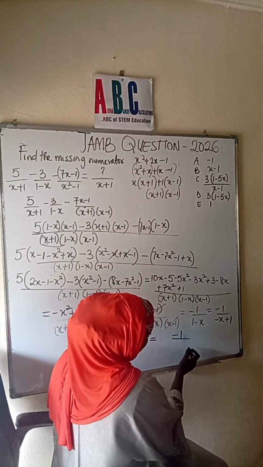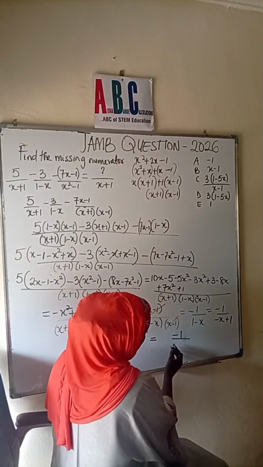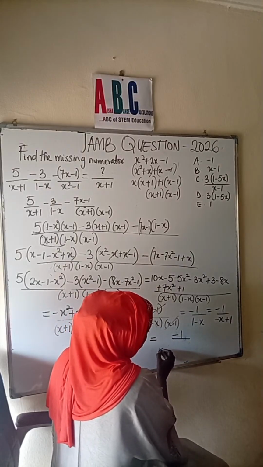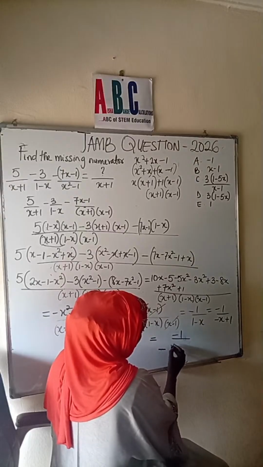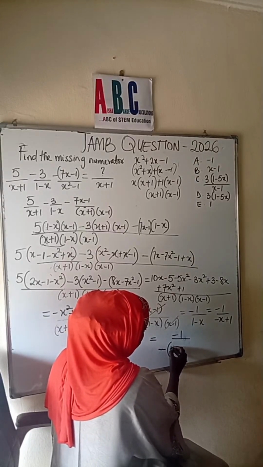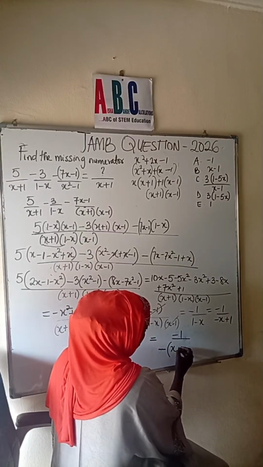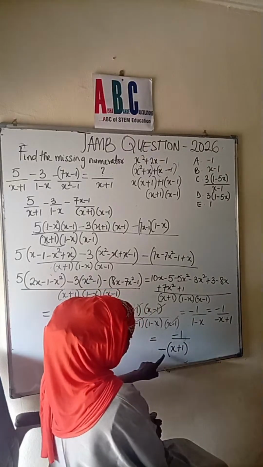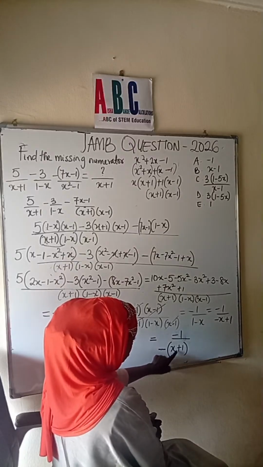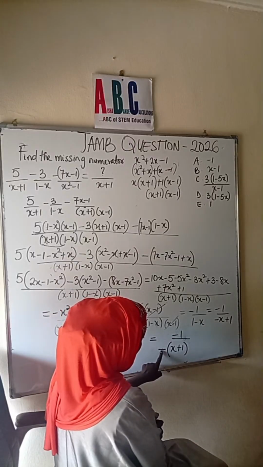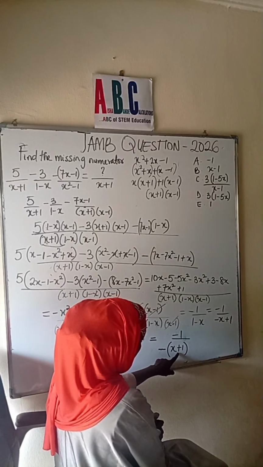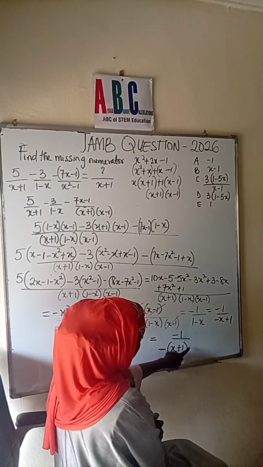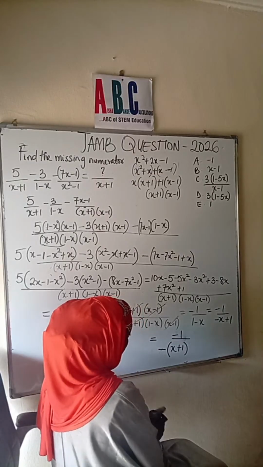Then if I want to rewrite it, if I want to factorize minus, if I try to bring out a minus here, this will now become x. I want to check something, x plus 1. If I do this, minus x, this is the minus x, minus times plus is minus. Okay, it doesn't work this way.